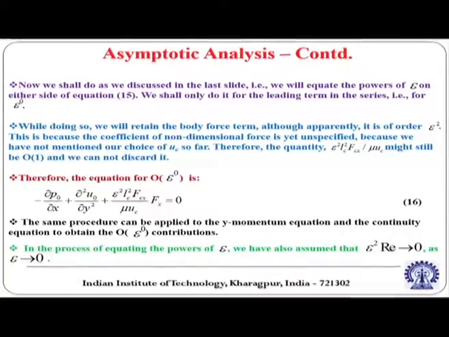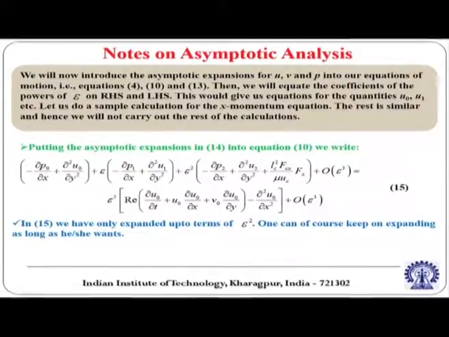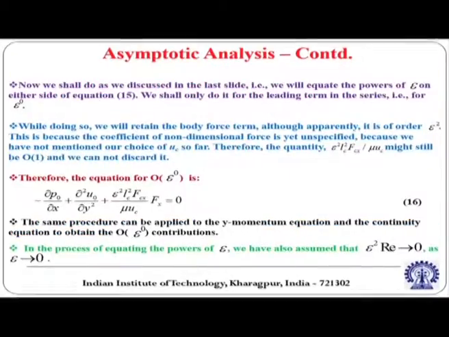So, you can have the asymptotic expansion along x leading to this equation, and one of the important considerations is that in the process of equating powers of epsilon we have assumed that epsilon square Reynolds number tends to 0 as epsilon tends to 0, and that is true if the Reynolds number is small, otherwise you cannot ensure that.